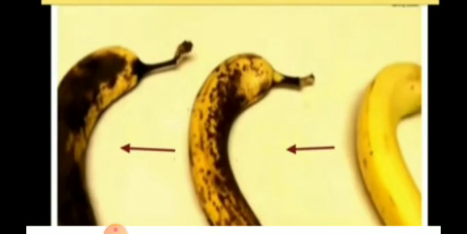Here you can observe, first it was the raw banana. I think you have observed this at home. When it is hard and not soft, it is not yet ripened. The next day, due to the action of enzymes present in the banana, it changes into yellow color.